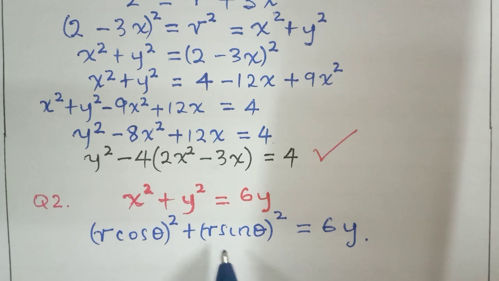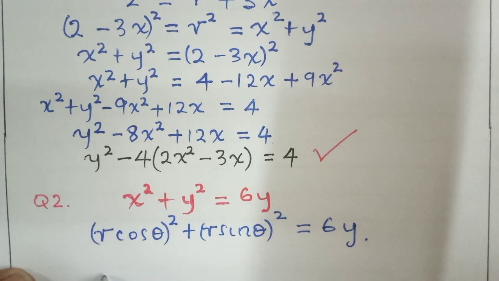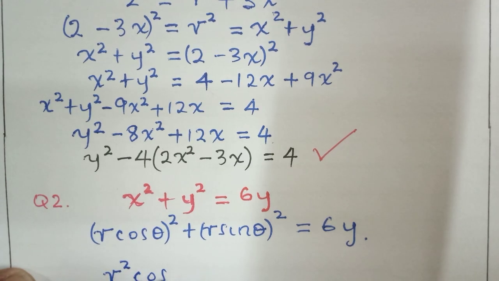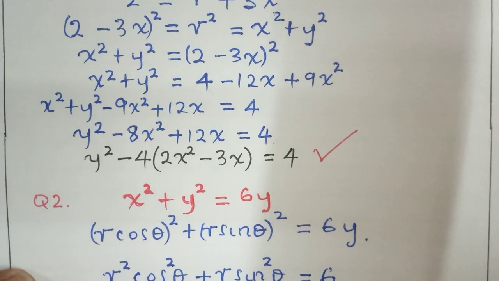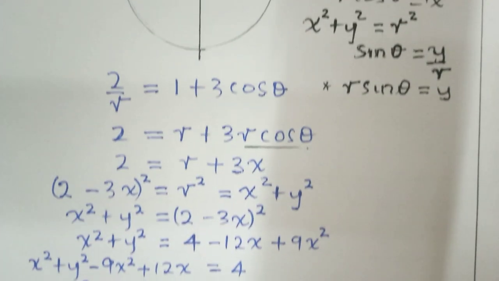But now, guys, we can also replace this y. So we shall write now r squared cos squared theta plus r squared sine squared theta. This one now will give us 6. We go back again to y, guys.